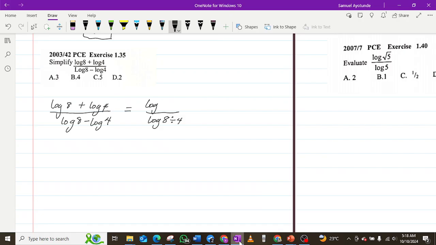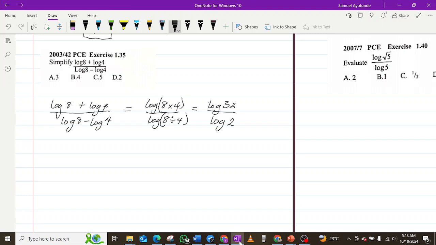So we have 8 times 4 here, which is log 32. Let's have this in the bracket. Then for the denominator, log 2. So I will look at how I can simplify further.